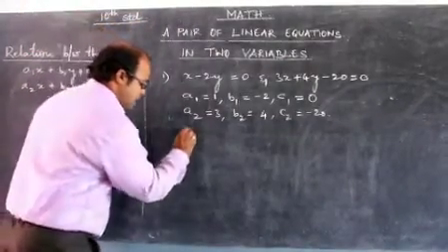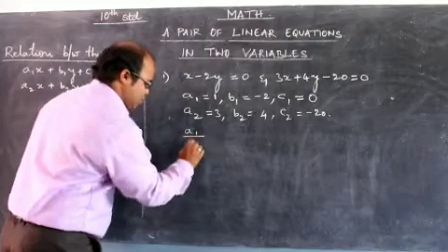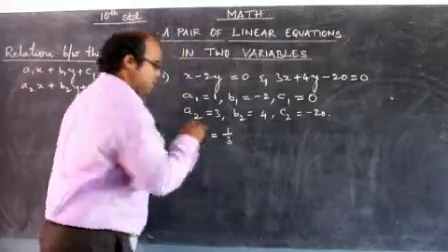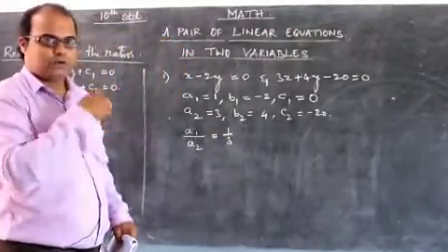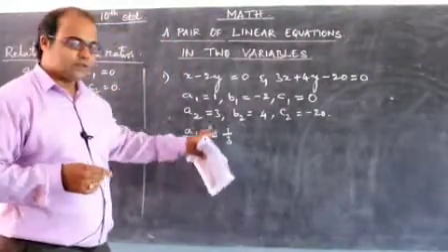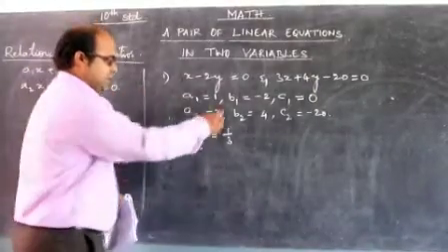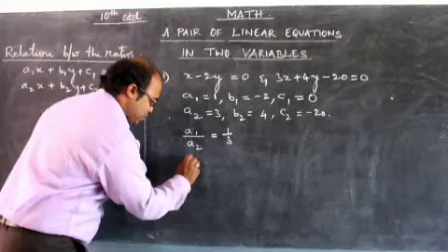So a1 divided by a2 is equal to 1 divided by 3. This fraction I cannot further simplify, so it is in the simplified form, so I will keep it as it is. Next, b1 divided by b2.